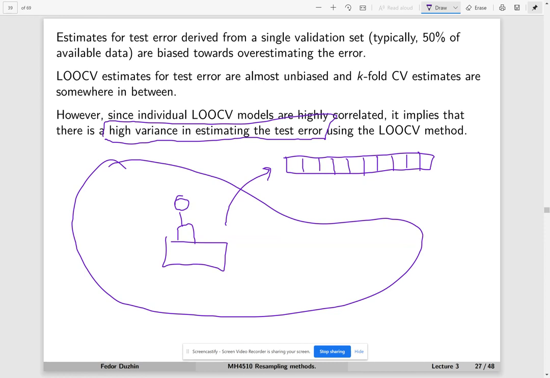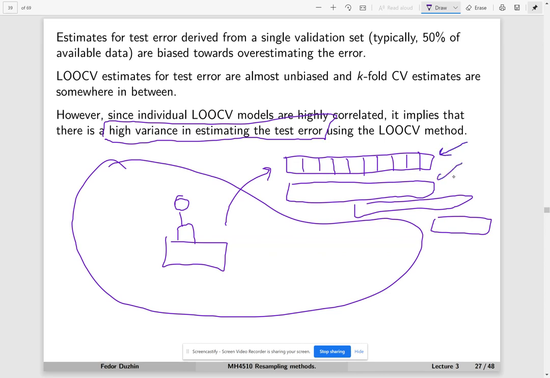So if we could really generate a lot of different samples from the true population, like sample 1, sample 2, sample 3, sample 4, and so on, and apply leave one out cross-validation to each sample, then the different models that together make up the leave one out cross-validation are highly correlated.